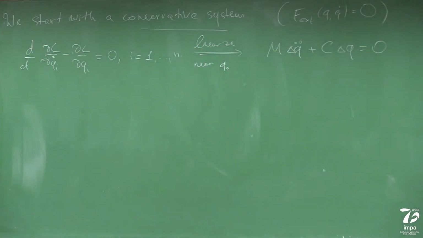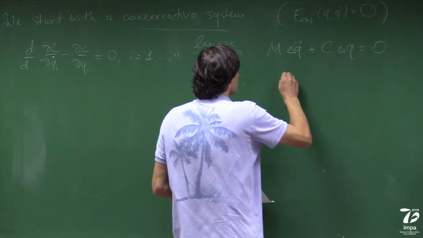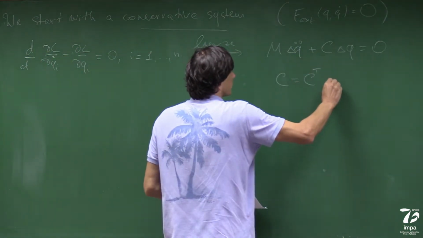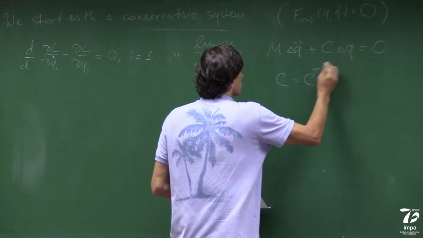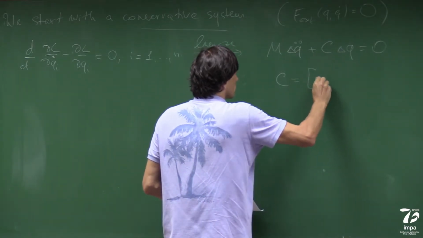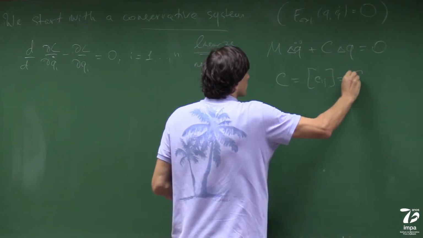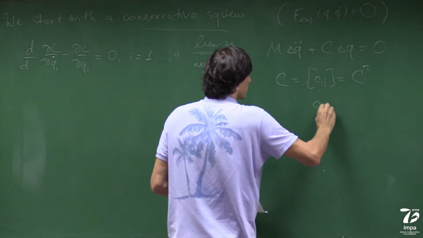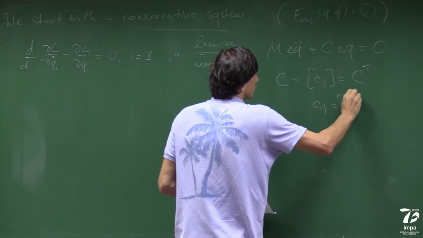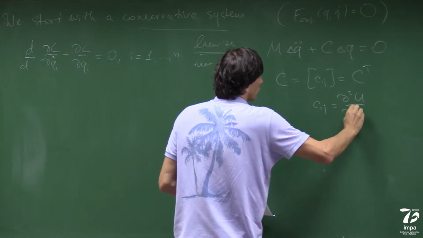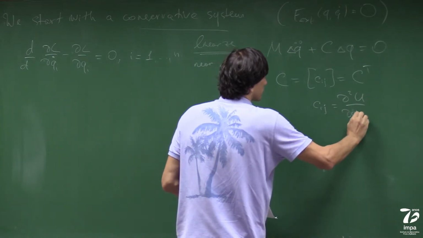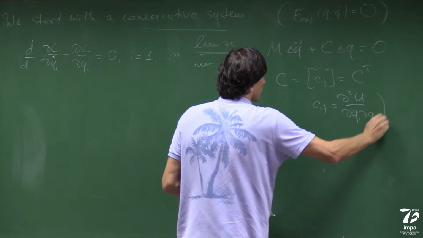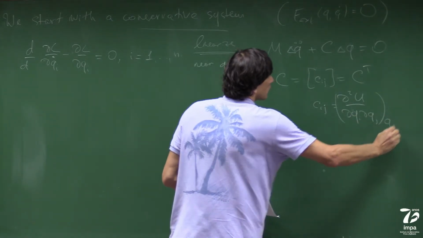Right? So just only matrix C is there. And C was symmetric because all components were just second derivatives computed at equilibrium.